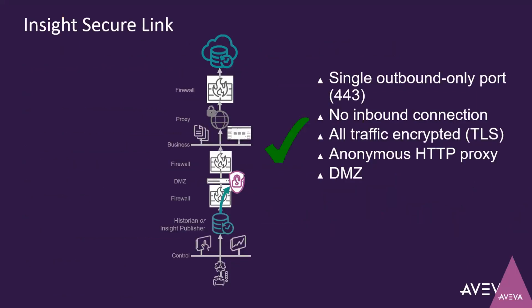So a major component of this is a downloadable product that the cloud provides us called Insight Secure Link. This is a reverse proxy product that is pre-built by AVEVA.